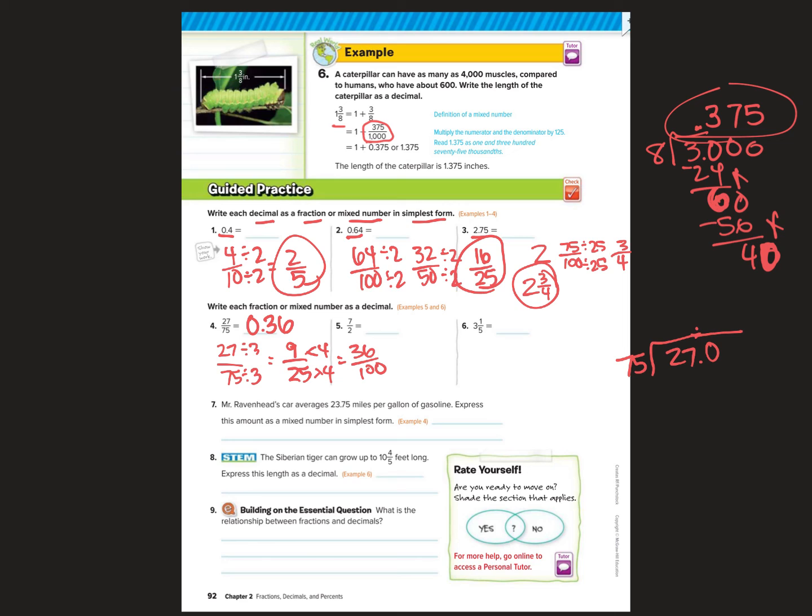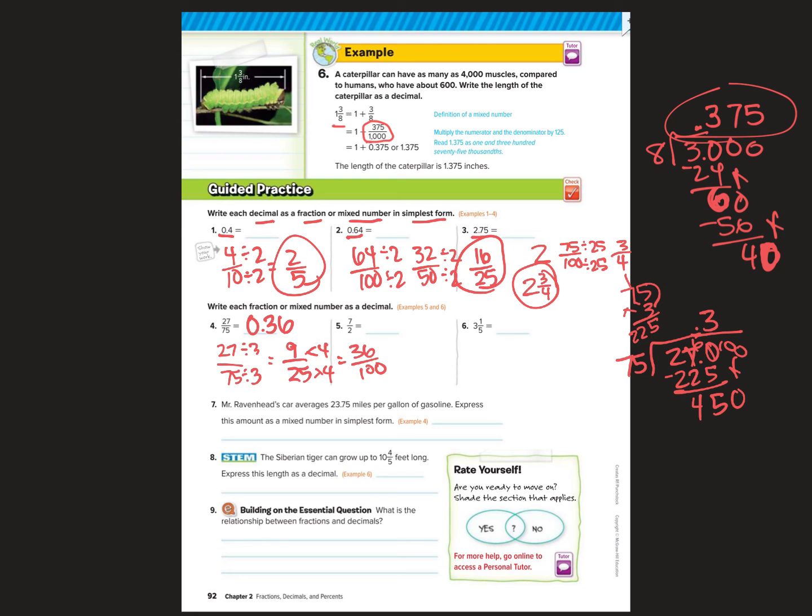So it'll be 3 75s, 225. And I got 45 left over. Bring down a 0.